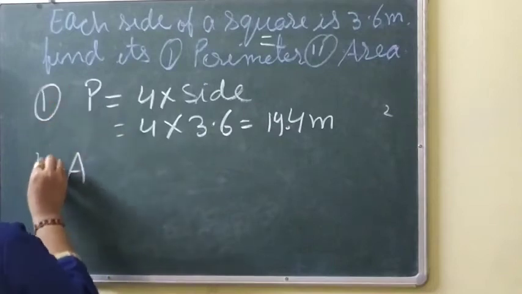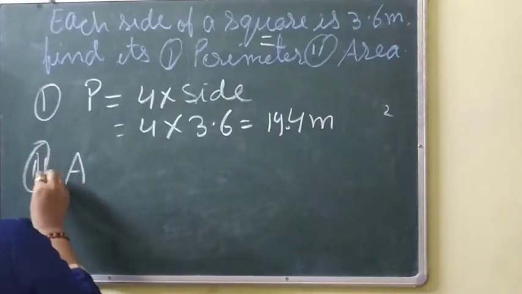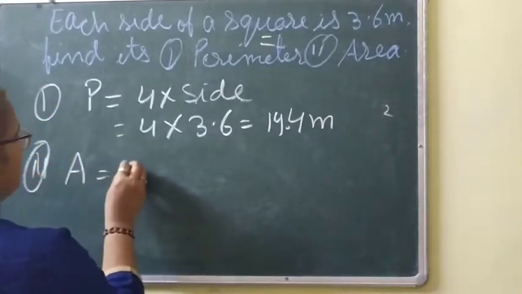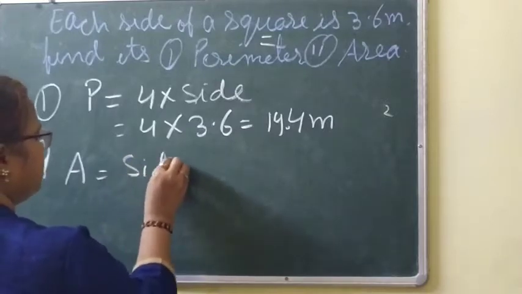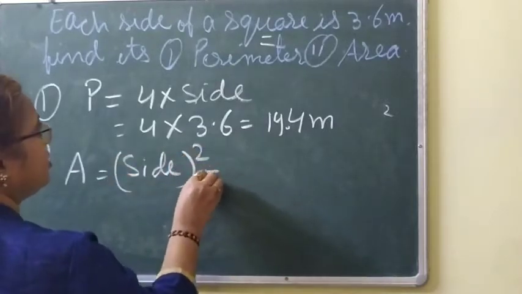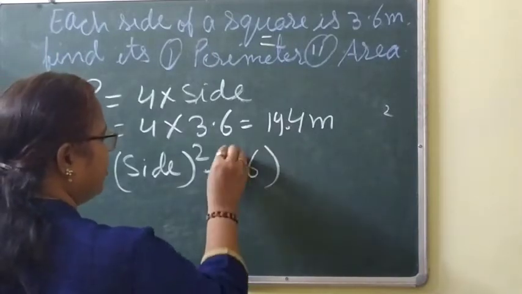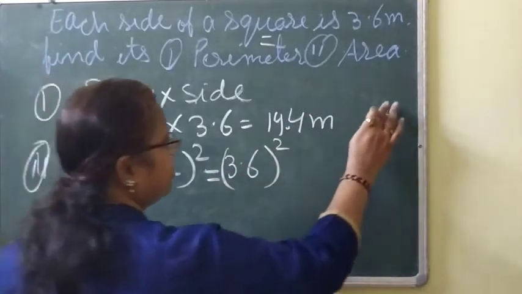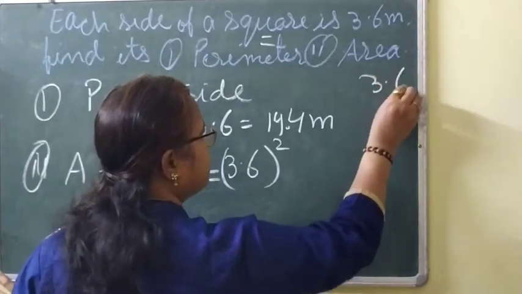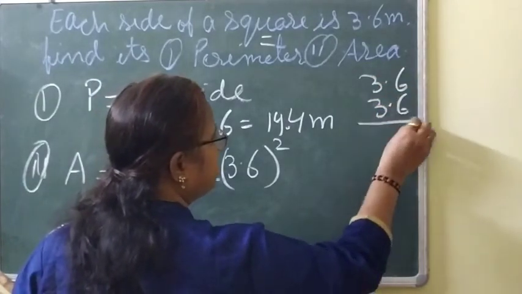Then you have to find out area. This is sub part 1, this is sub part 2. So when you have to find out area, then you know it is side square. So side is 3.6. So square of 3.6. So let's multiply 3.6, 3.6.